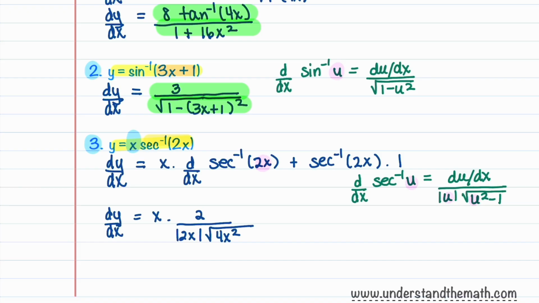The absolute value goes away because we're squaring it, and then we subtract 1. It looks like our 2's can cancel, so we're going to write this as x divided by absolute value of x times the square root of 4x squared minus 1. And we did it. There is our final answer.